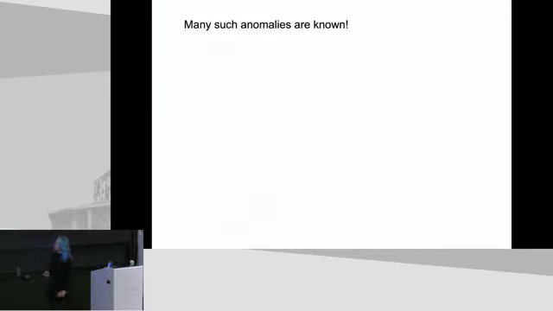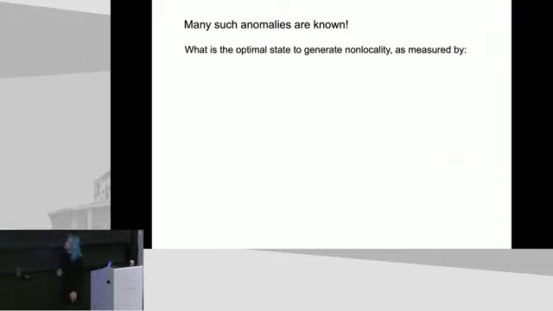And there's a lot of examples of this. So this is not unique to the Hardy argument. There's maybe 15 or 20 different measures of non-locality, which can only be maximized by partially entangled states. So here's just a few examples.